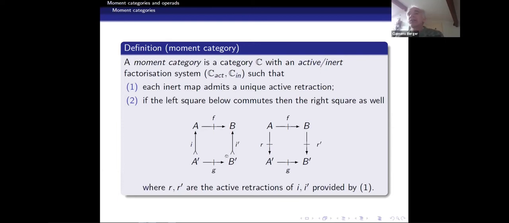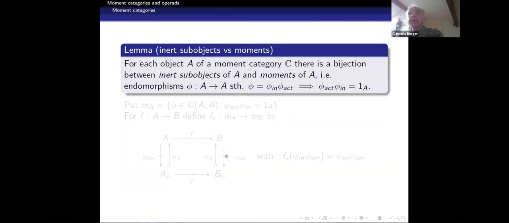So this is a moment category. Now what is important is the following: if you have an inert map, then it has a retraction, and if you have a retraction and a section, you can also compose them the other way around.